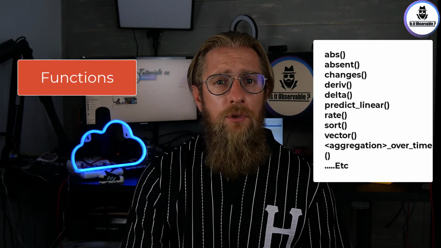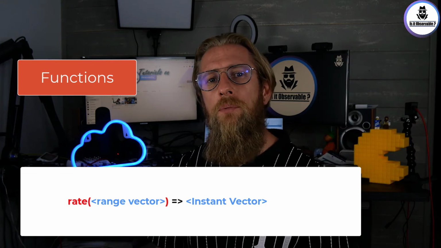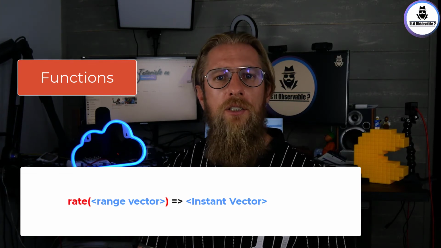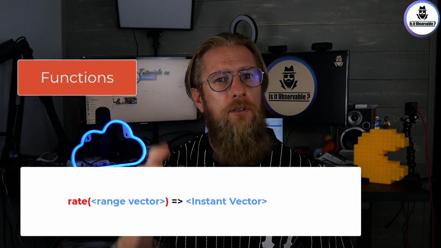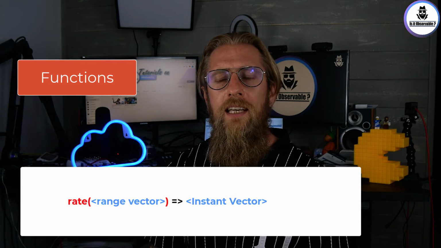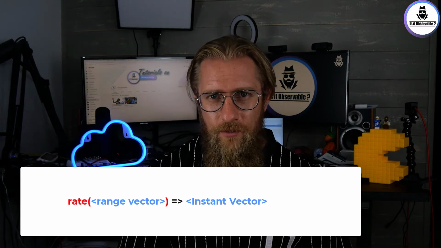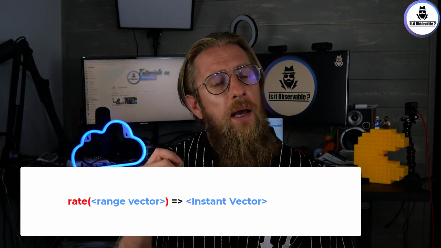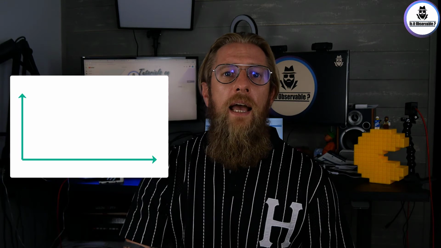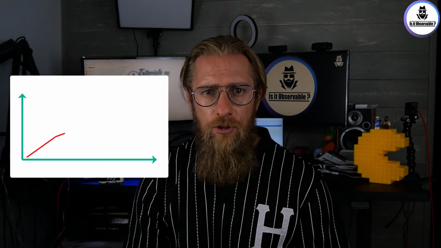So rate, we mentioned that. Rate takes as an input a range vector, and it will measure the per-second rate of a counter over a given period of time. The rate function is smart. Why am I telling you? Because remember, counters could be restarted if our exporter is crashing, and rate is detecting those crashes.